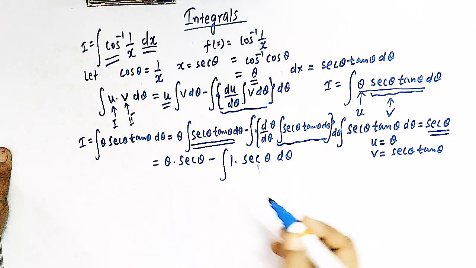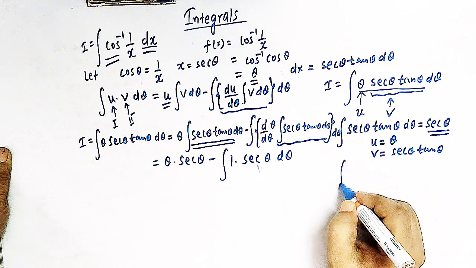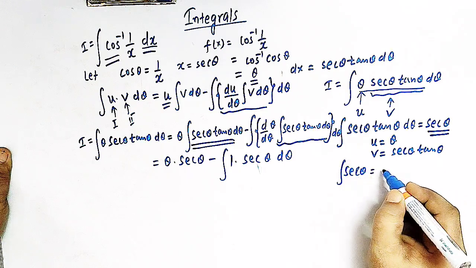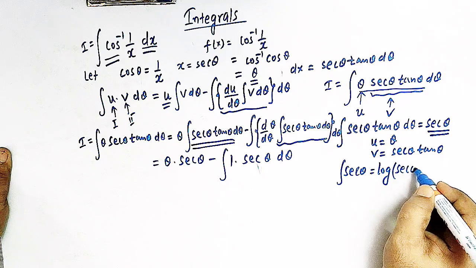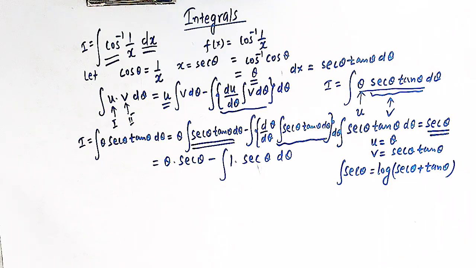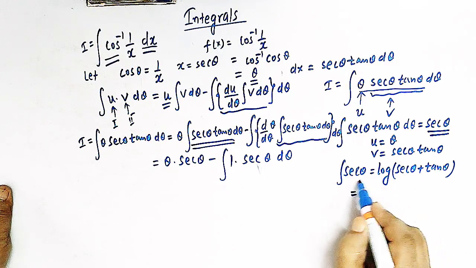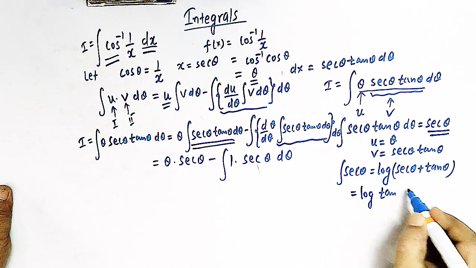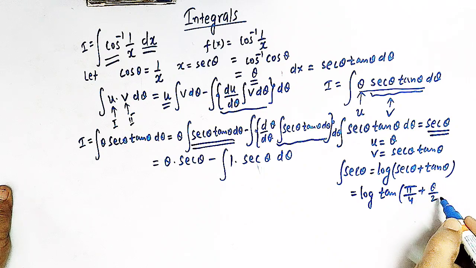Now, from the standard results of indefinite integrals, we know that the integral of secant theta is given by log of sec theta plus tan theta. We can also use the result for the integral of secant theta, that is log of tangent of pi by 4 plus theta over 2.